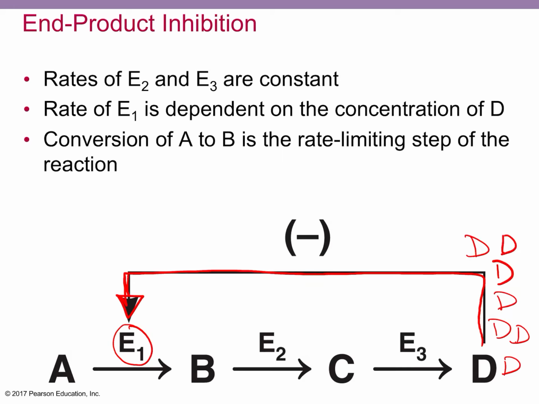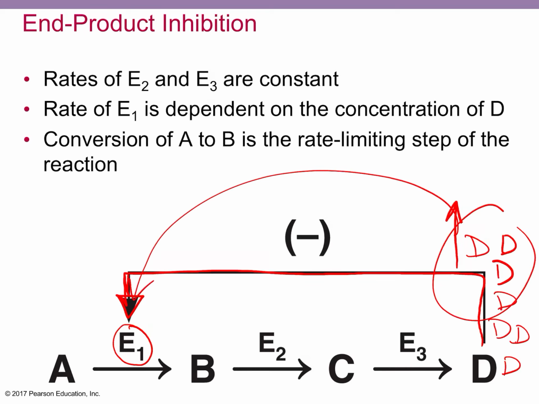You're going to get a lot of D. So as the levels of D increase, you might want to shut off that metabolic pathway. You might have enough D for now, right? You don't want any more. So then the end product is going to shut down the whole process. It's a way of regulating a metabolic pathway, a way of not overproducing the product, right? You don't want too much end product.